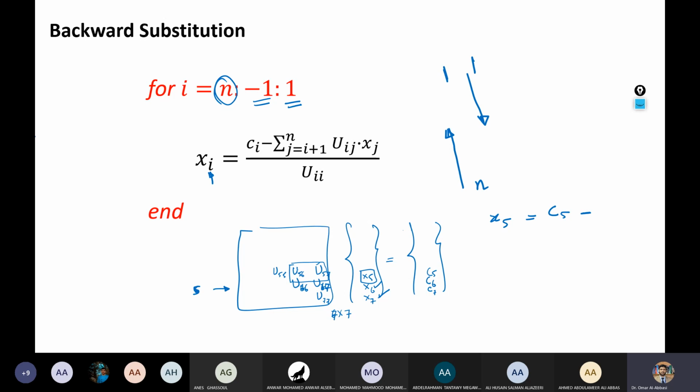Why? Because these two coefficients are multiplied by known quantities. x6 and x7 are known. So U56 times x6 plus U57 times x7. Sorry, I don't have much time. The whole thing is divided by the pivot U55. Is that clear?